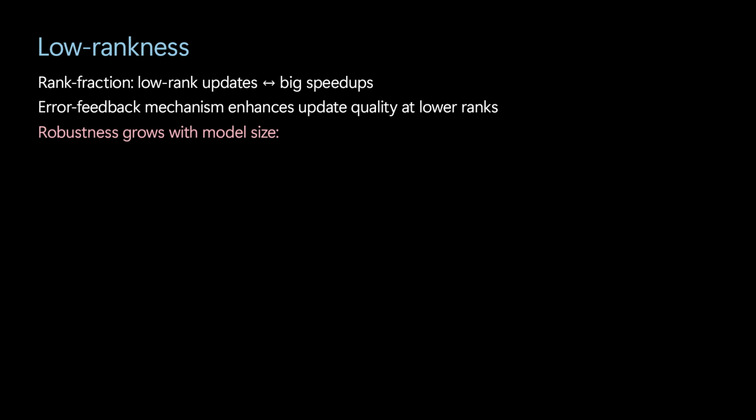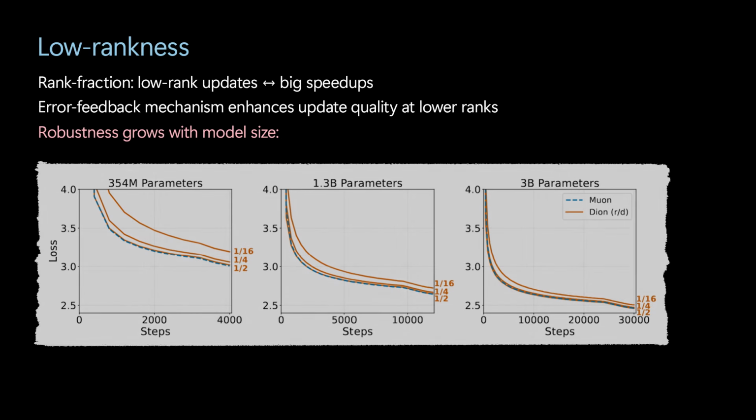Another interesting thing about Dion is that across scale, it seems that we can get away with low rankness. So here we're showing a result, our empirical scaling study, where we increase the model size.